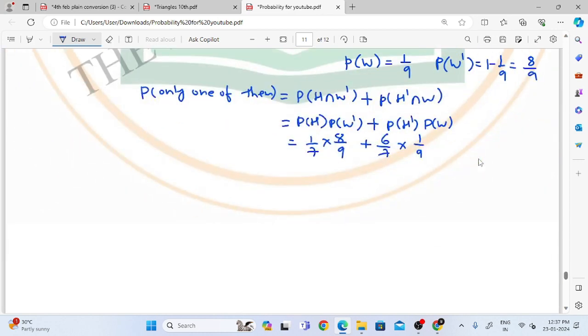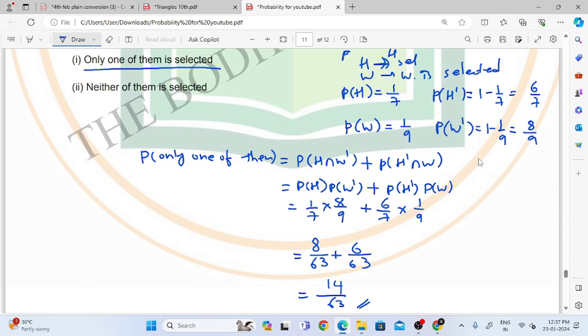So just multiply first of all. So 1 into 8, that is 8 upon 63, plus 6 upon 63. Okay, so the denominator is 63. If you add 6 plus 8, you get 14 upon 63. Okay, so this is the answer.